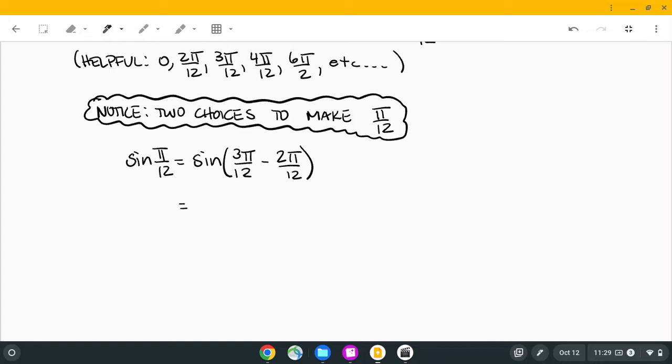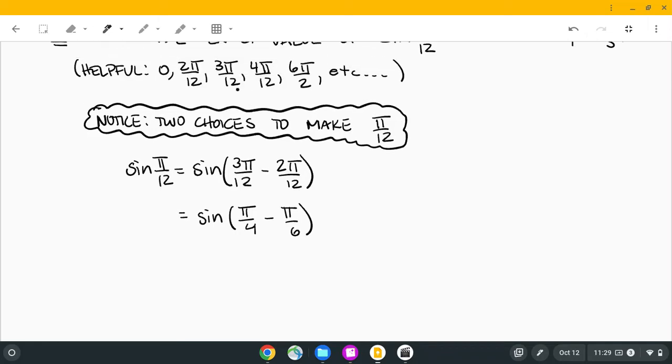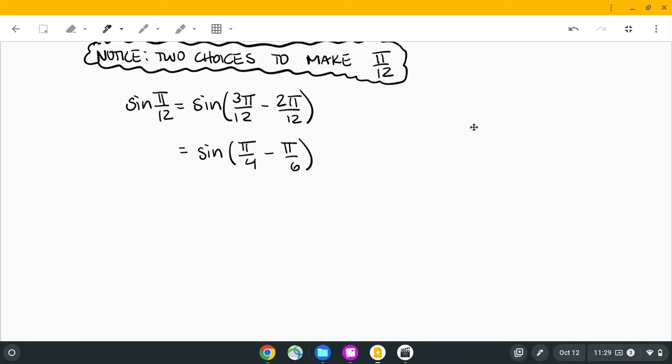All right, and these guys are originally pi over 4 and pi over 6. But it's hard to see which one makes pi over 12 when they're written like this. That's why I make the list using 12s. Okay. All right. So now A is pi over 4 and B is pi over 6.